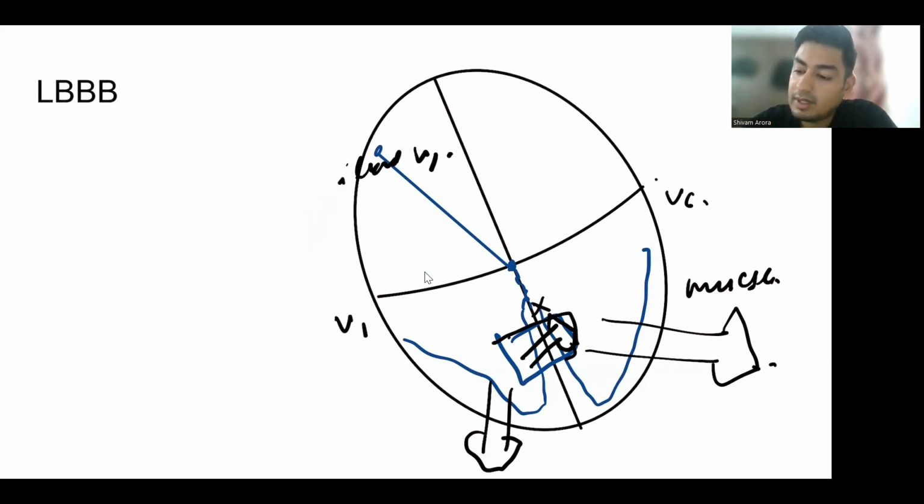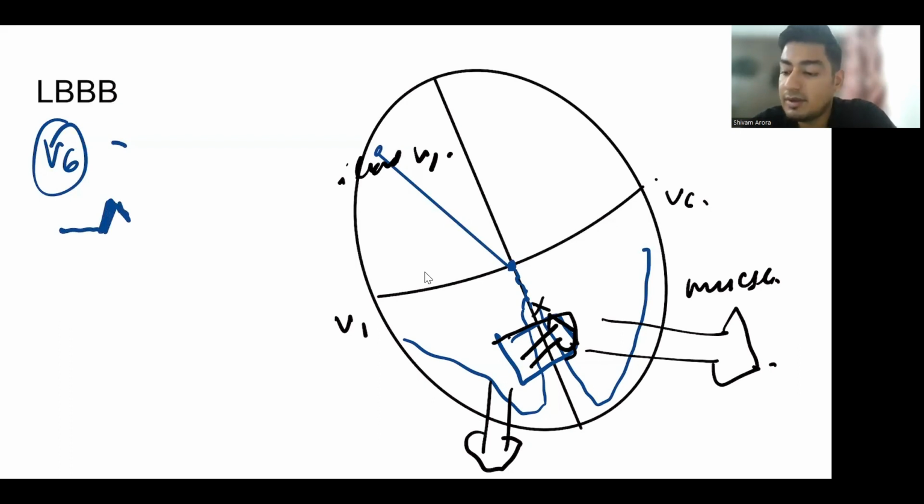Now let us look at lead V6. In lead V6, the first wave would be a positive wave because of septal depolarization. Then a second wave would be a negative wave because of RV depolarization, and a large positive wave because of LV depolarization through the muscle.